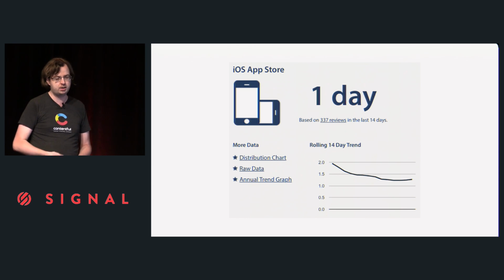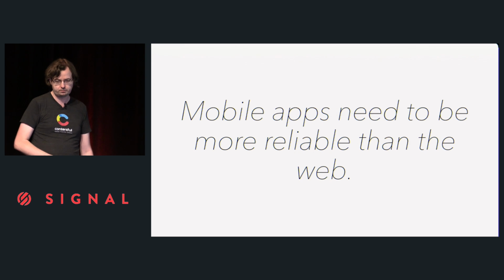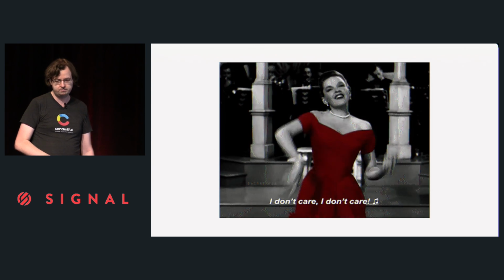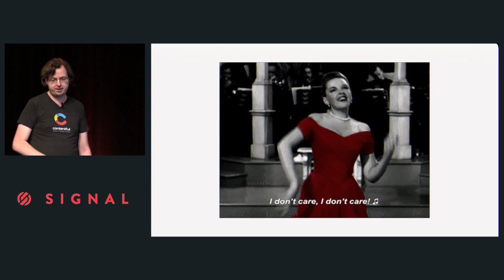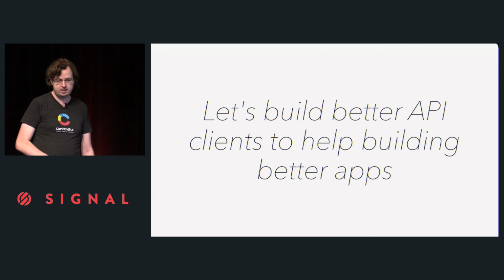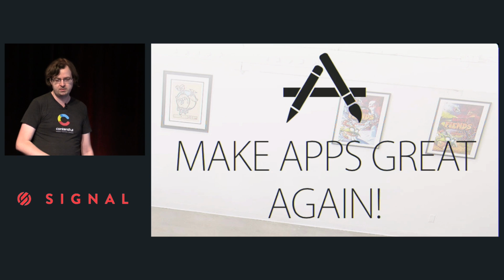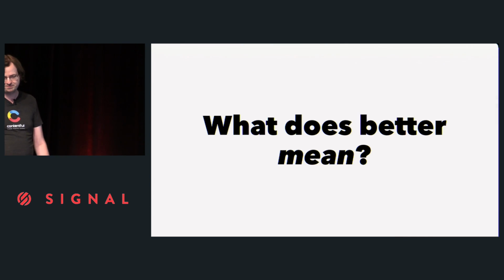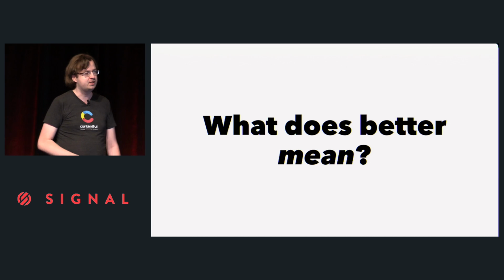So if you ship a bug, it's there for a while. So mobile apps need to be more reliable than the web. You might say you don't care, but let's build better API clients to help build better apps and make apps great again. So what does better even mean?